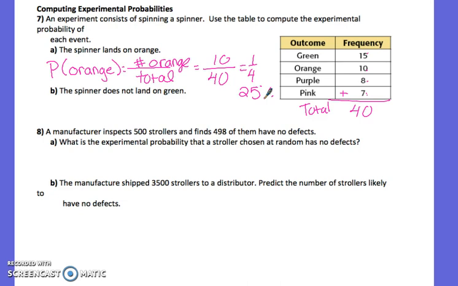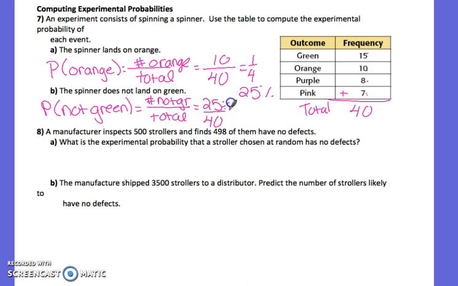The spinner does not land on green. So my probability statement would be probability of not green. So it would be the number not green over your total. Well, if there are 15 green, 10 plus 8 is 18 plus 7 would be 25 out of the total of 40.